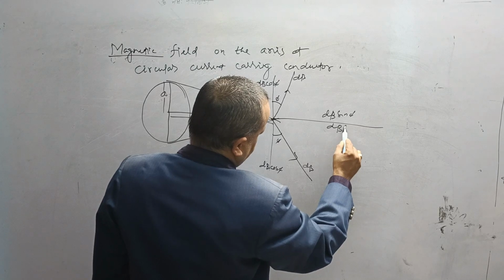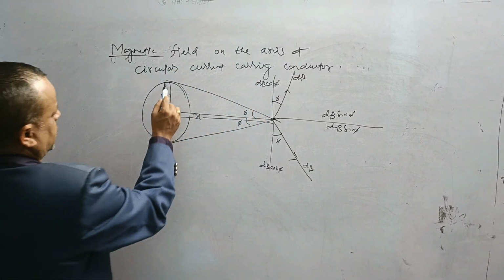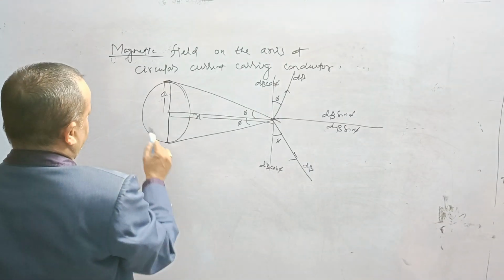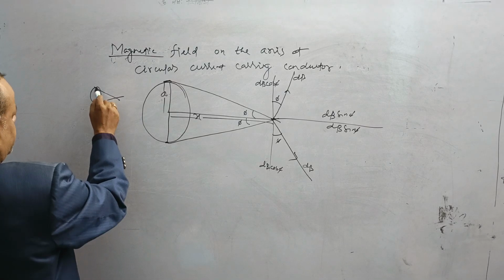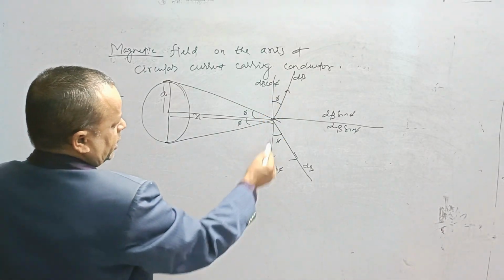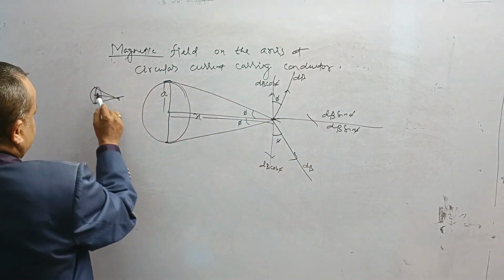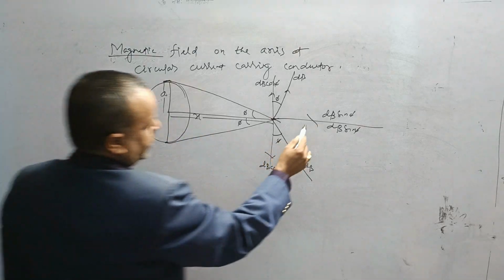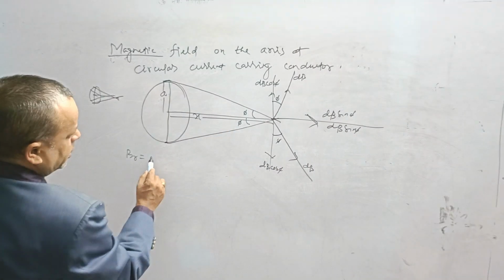We have considered just this and this element, but we have numerous elements like this. All of their delta B cos phi get added over here, and all of their delta B sin phi get added over this part. So B resultant will be equivalent to what?